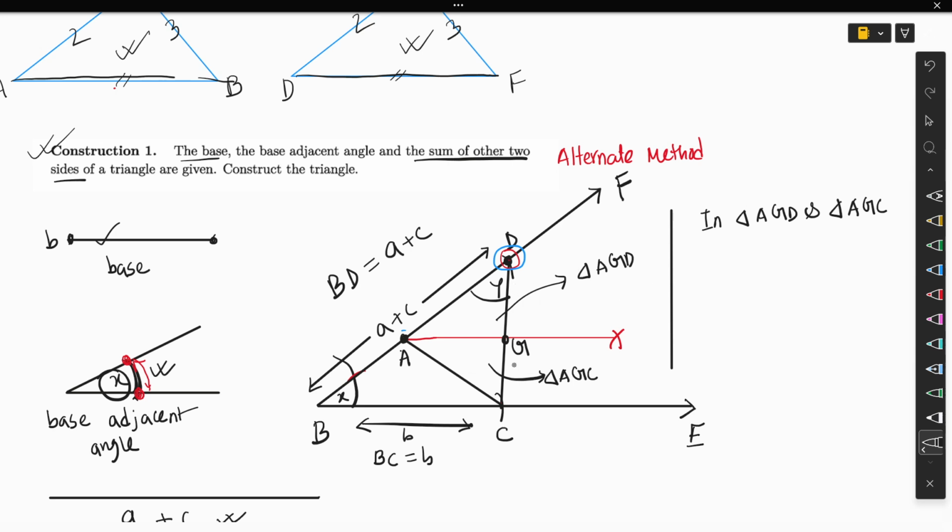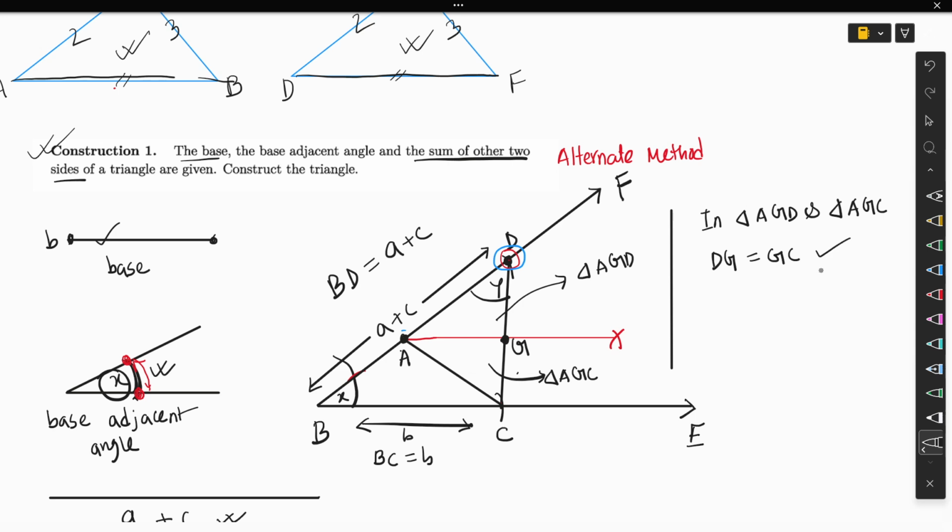As G is the midpoint, this is a perpendicular bisector, so G is the midpoint of DC, so we can say DG is equal to GC.